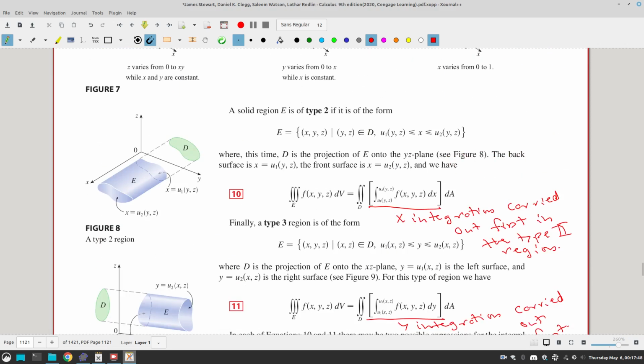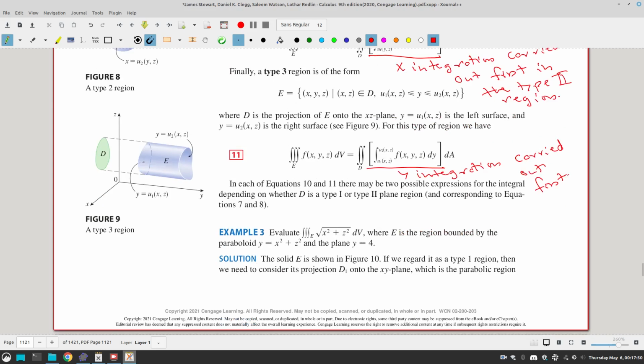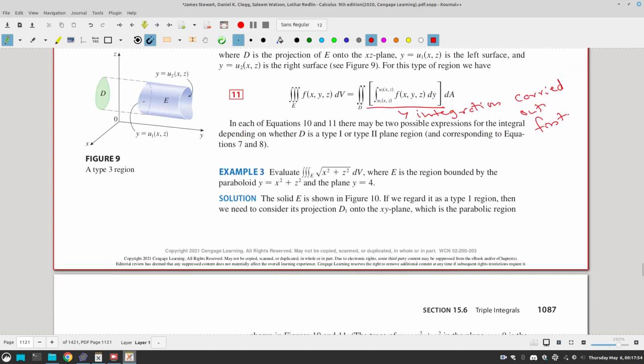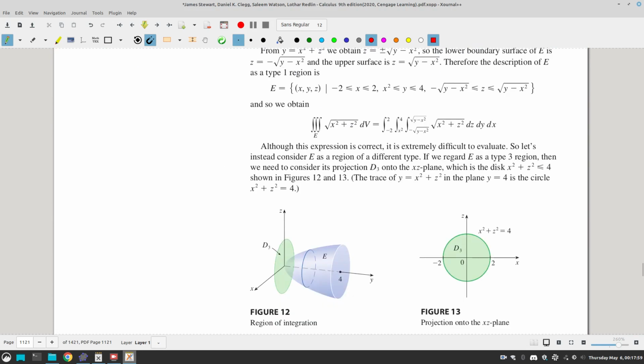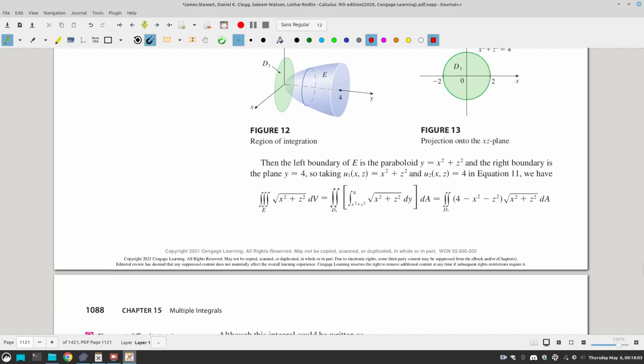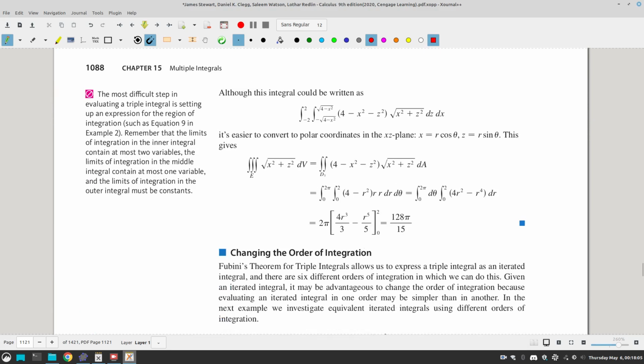Since y is between two functions of x and z, it looks like a type 3 region. Let's look at this as a type 3 region.